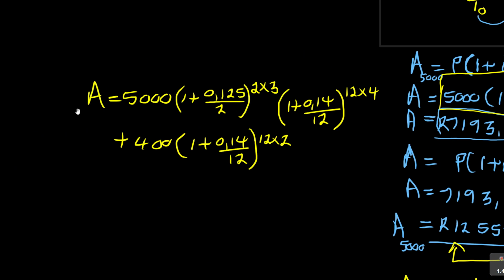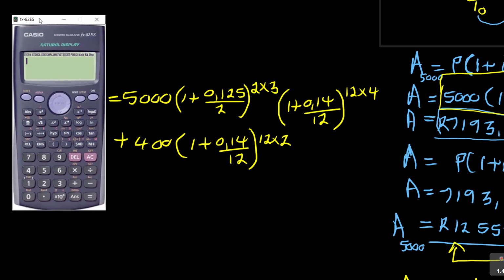And then if you test it with a calculator, just out of interest sake, let's test this. It's 5,000 bracket 1 plus 0,125. I needed to put that in a fraction. 0,125 over 2. You close that, and then I say to the power 2 times 3, right? And then open another bracket, which is 1 plus that 0,14 over 12.